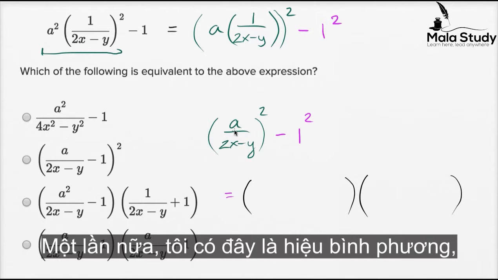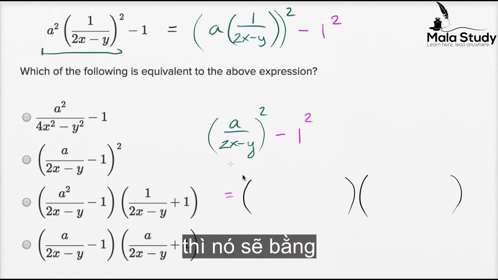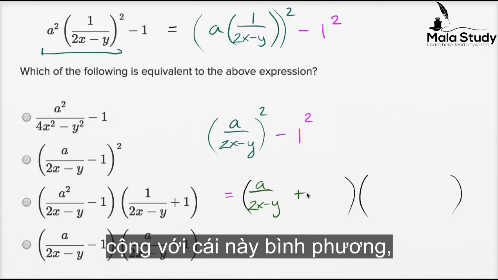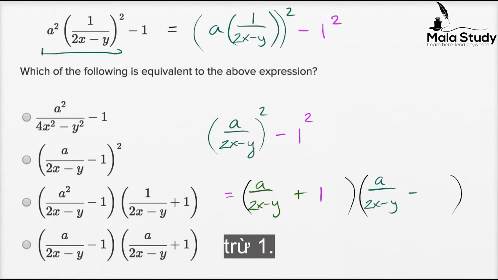And this is once again, if I have something squared minus something else squared, it's going to be a over 2x minus y plus 1 times a over 2x minus y minus 1.